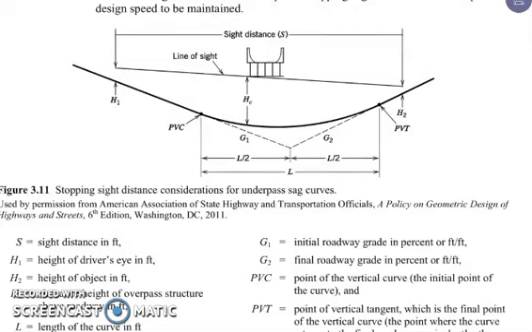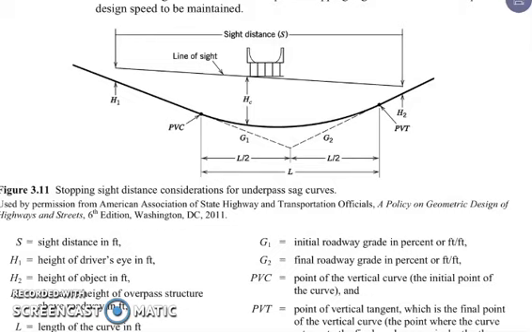So for this one, we have our H1 to be the height of the driver's eye, H2 to be the height of the object, and of course the distance from H1 to H2 is our S, our sight distance, and that is connecting to that line. This one is our line of sight. And from the line of sight towards the curve, we have our H of C, which is our clearance height.